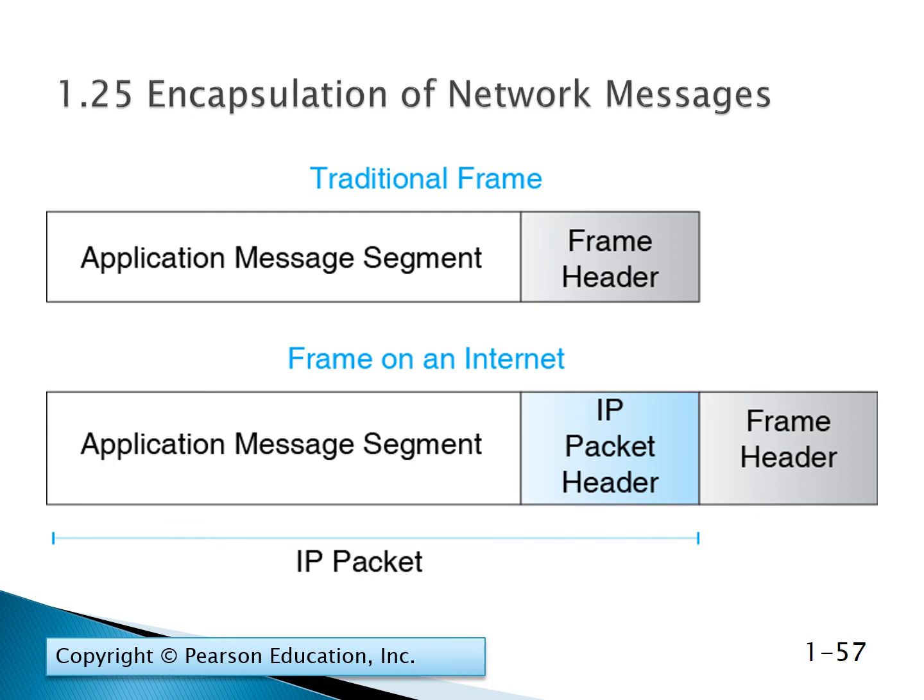So again, for terminology, usually at this IP level, we call it a packet. At the data link level, we call it a frame. So we just have to remember that.